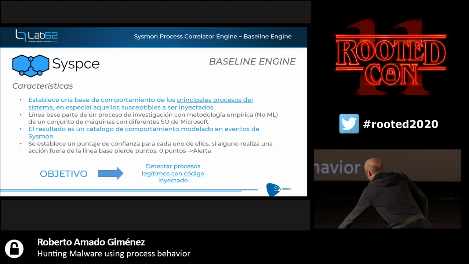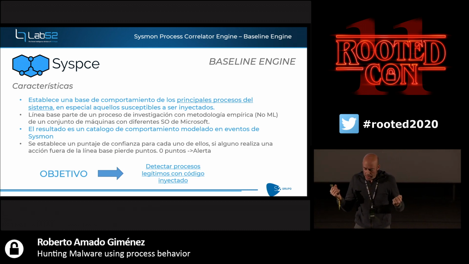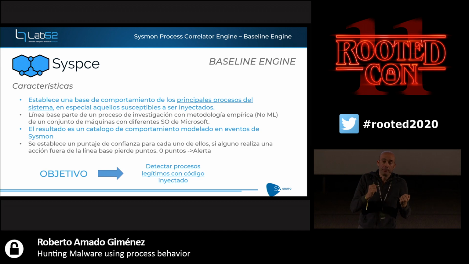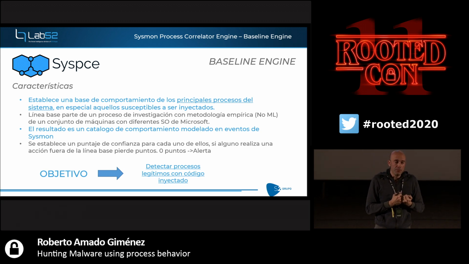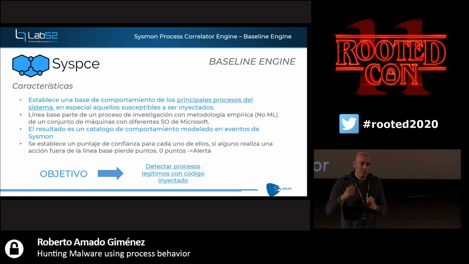The first engine is the baseline engine. The process is as follows. Whenever a Sysmon action occurs, it is tested against a behavior database, and it says whether this action is normal.